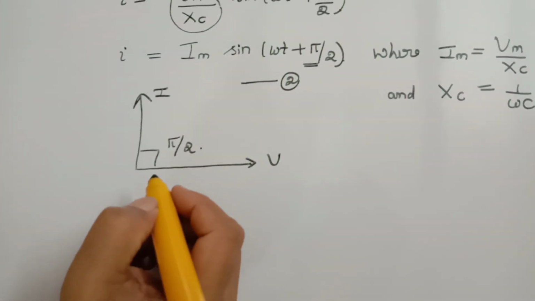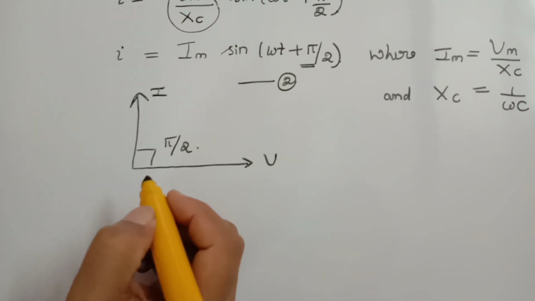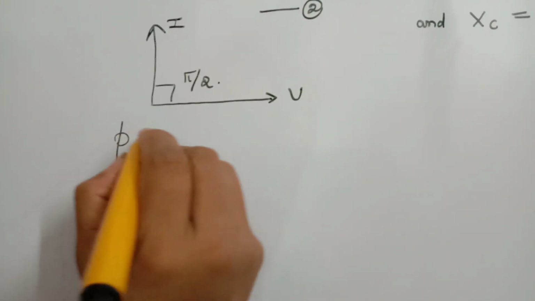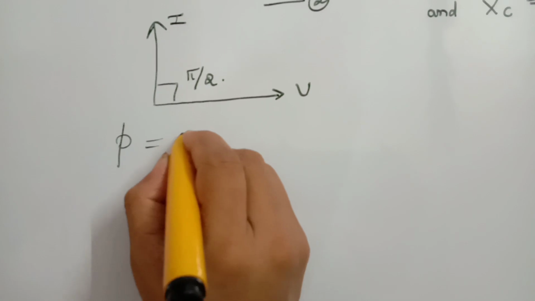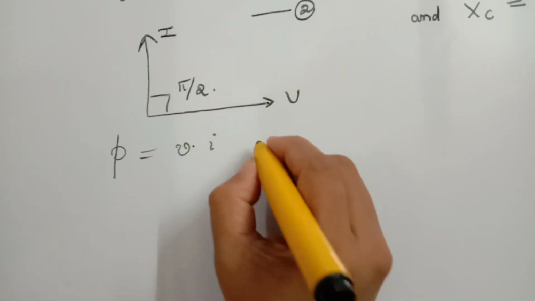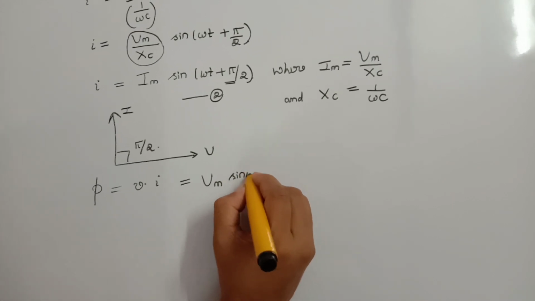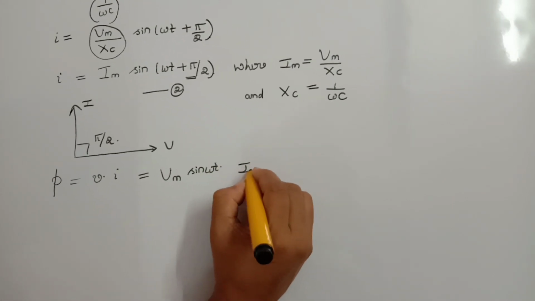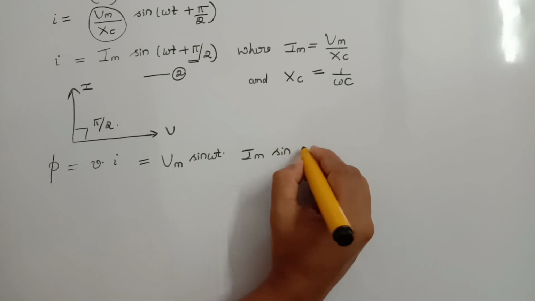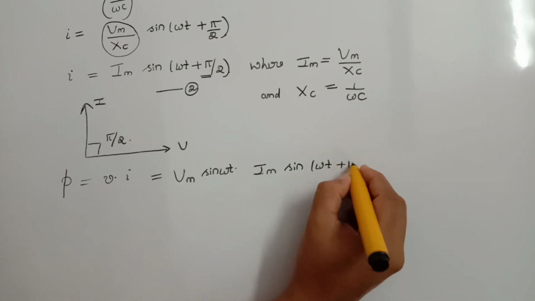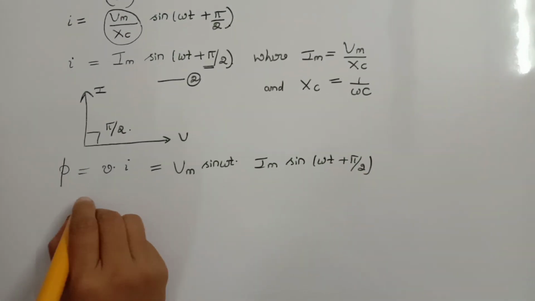Once voltage and current equations are obtained, we'll derive the equation for the instantaneous power, which is equal to V into I. Now substitute V = Vm sin ωt and I = Im sin(ωt + π/2). We'll simplify this.